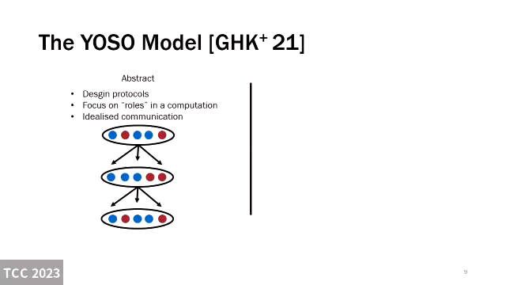Here we're only thinking in terms of the committees, and it's like abstract responsibilities within whatever protocol we're trying to realize, and we give these some idealized communication functionality. This could be something like a broadcast and a secure point-to-point model. And here, this allows us to design MPC protocols roughly as we're used to, but with the caveat that we only have a single round of communication per party, more or less.